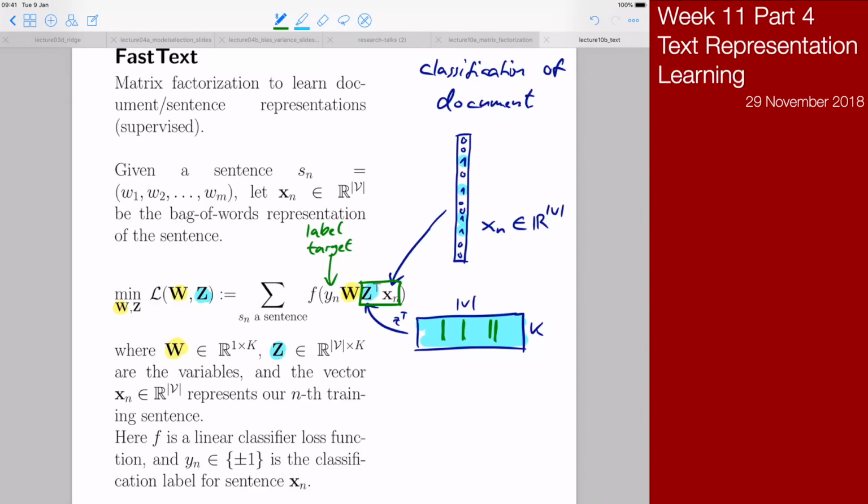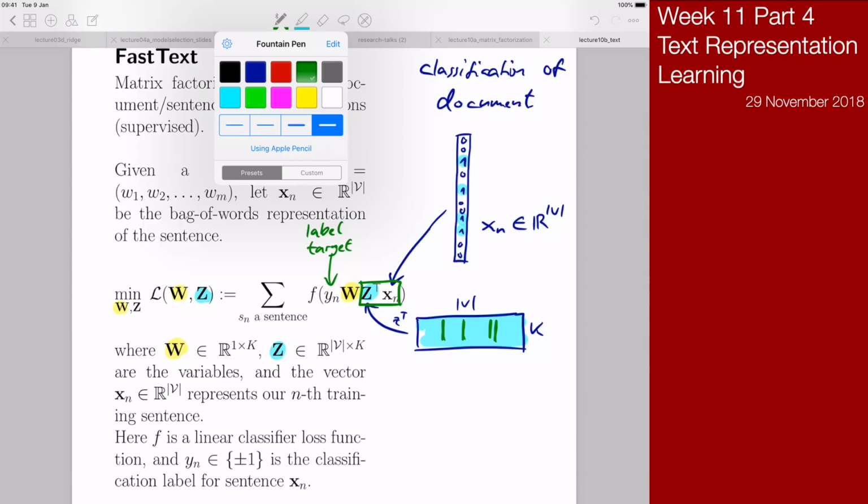What is F? It's always a standard linear classifier. So that's actually the same thing you had at the very beginning for points. We have seen it just a few minutes ago when we talked about word2vec, because there we used this same kind of loss function. You can have a linear classifier for real versus fake pairs. And here we have a similar thing: the linear classifier is deciding, is my document in the right class? So if Y is +1, then the document should have a good, positive score, otherwise a negative score.